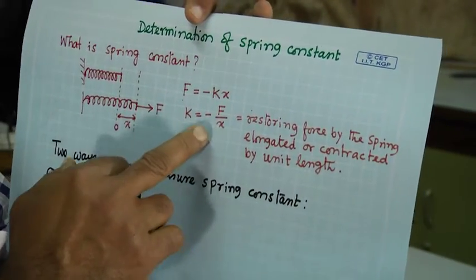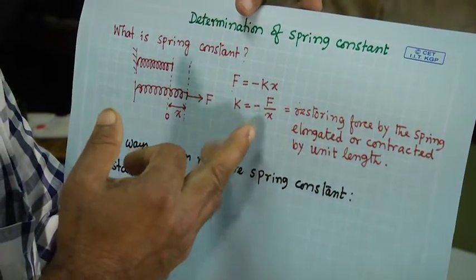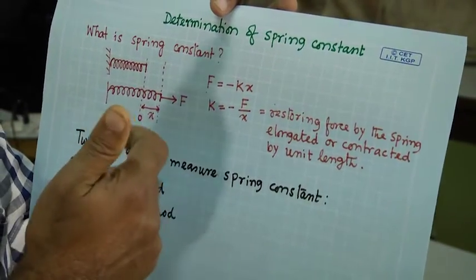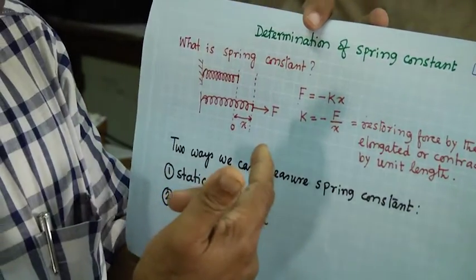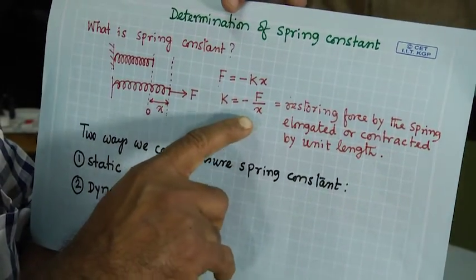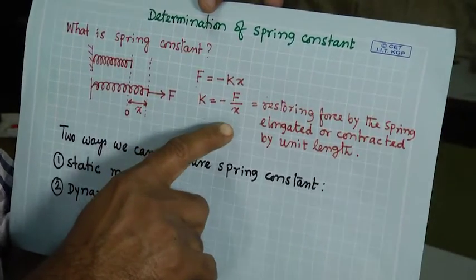Let us ignore the minus sign, because it comes only from the direction of the force and the elongation. Simply, k equals F by x.